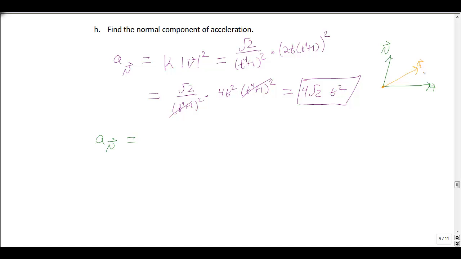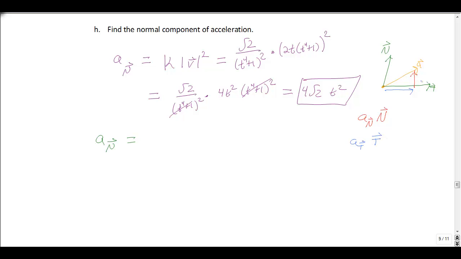And the idea here is that you can rewrite a as this red vector plus this blue vector. The red vector is in the direction of the principal unit normal vector, so it should be a_N, the scalar component, times N. And that blue vector is in the direction of the tangent, so that should be a_T times T.